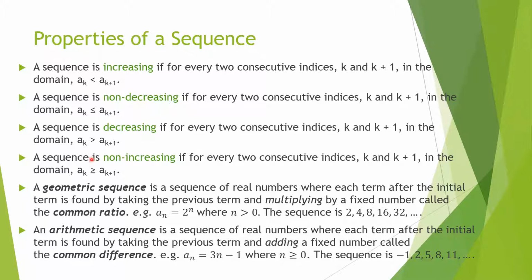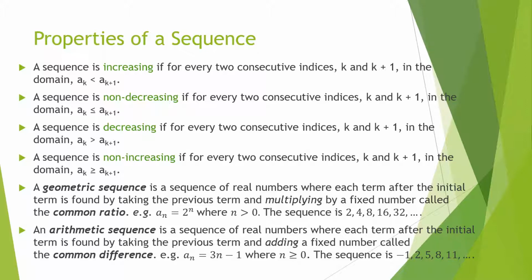And the definition of a non-increasing sequence would be the same as a decreasing sequence, except that instead of greater, we have greater than or equal. So these are the 4 properties of a sequence. We can find a sequence that has none of these properties, but a sequence can have at most 2 of these properties.